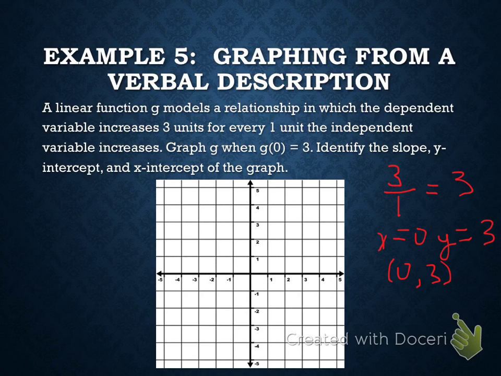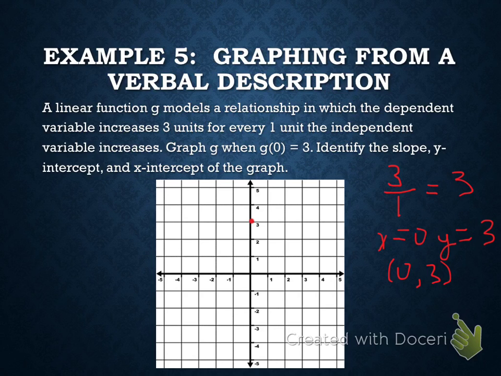So we're going to plot that point. We go over 0 and up 3. Now we can use the slope to find another point on the line. A slope of 3 means a rise of 3, run of 1. So rise of 3, run of 1, and I'm off the grid.